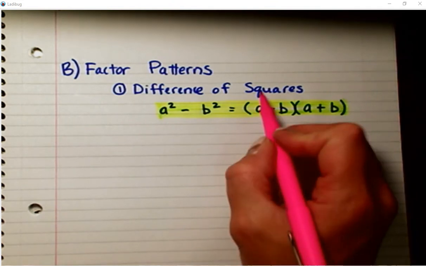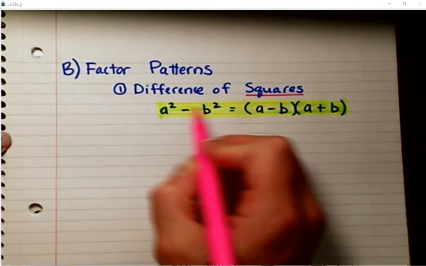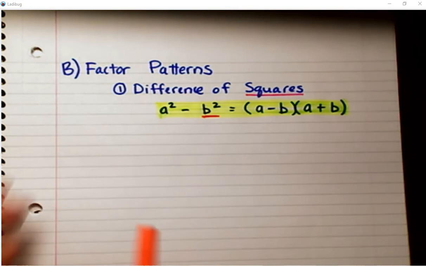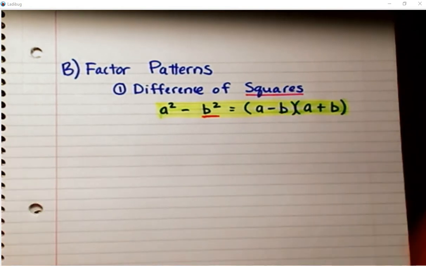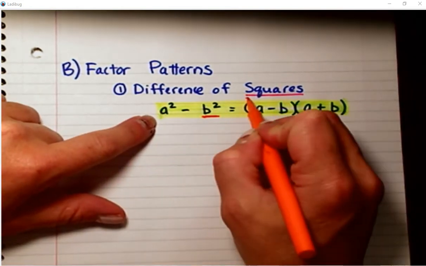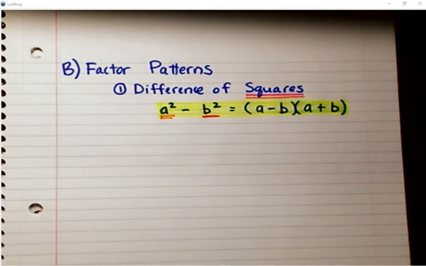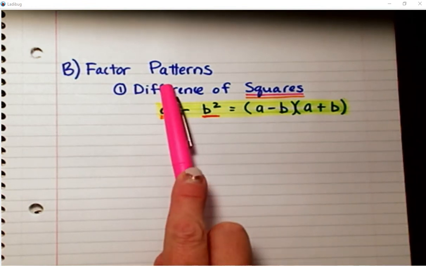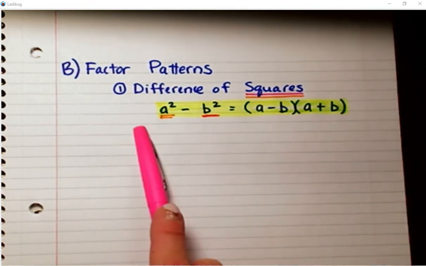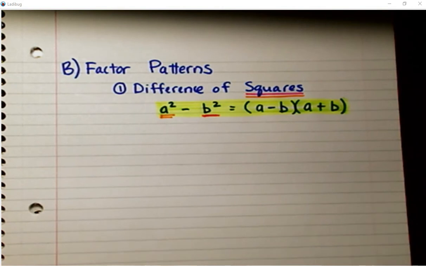A squared and B squared, those things are squares. And then it says difference. Difference means subtract, subtract perfect squares. So that's what I'm doing, okay?